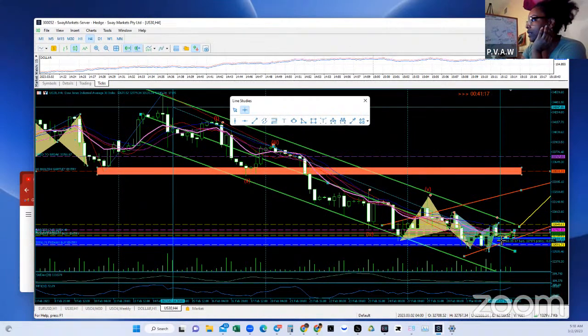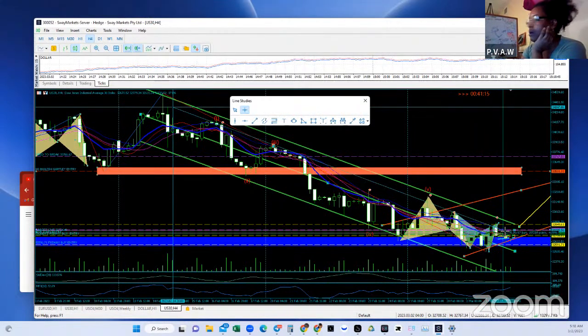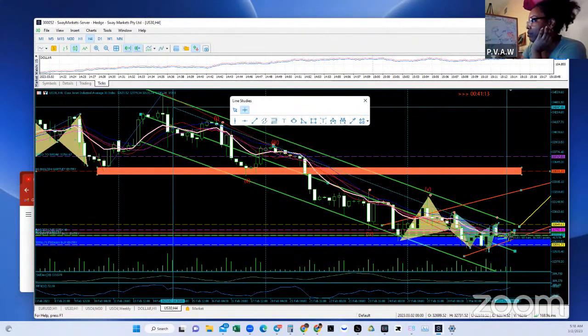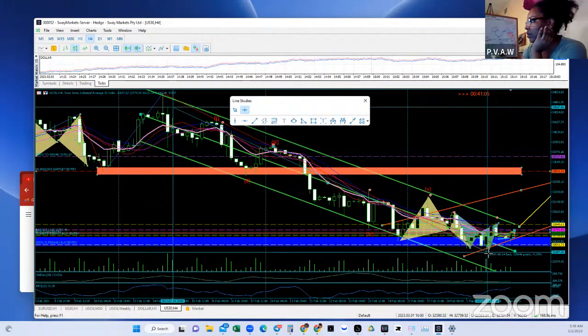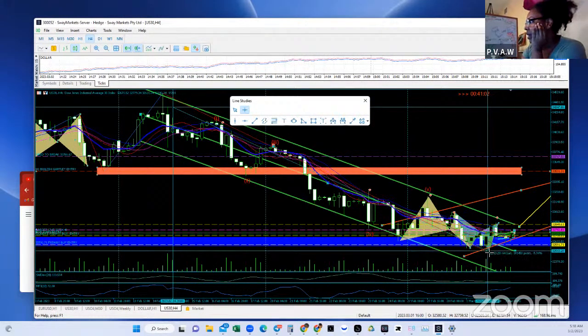If we count this down to the recent low, still holding it, 32513.38, you would have had over 18,346 pips.